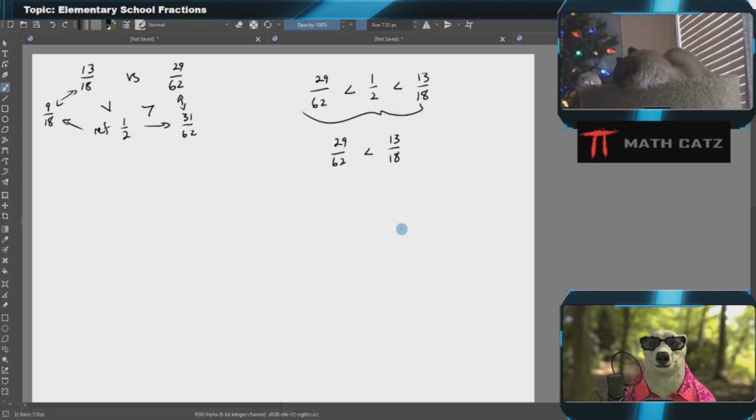So that's another strategy, that we can very quickly compare two fractions without specifically drawing out the rectangles. These are different strategies, leveling up from that basic elementary school concept, slowly inching towards more complicated things.